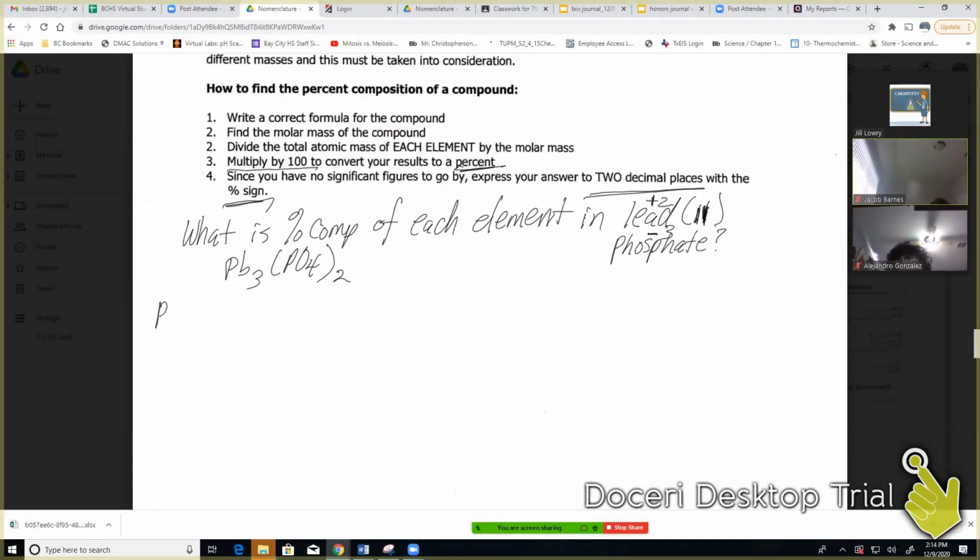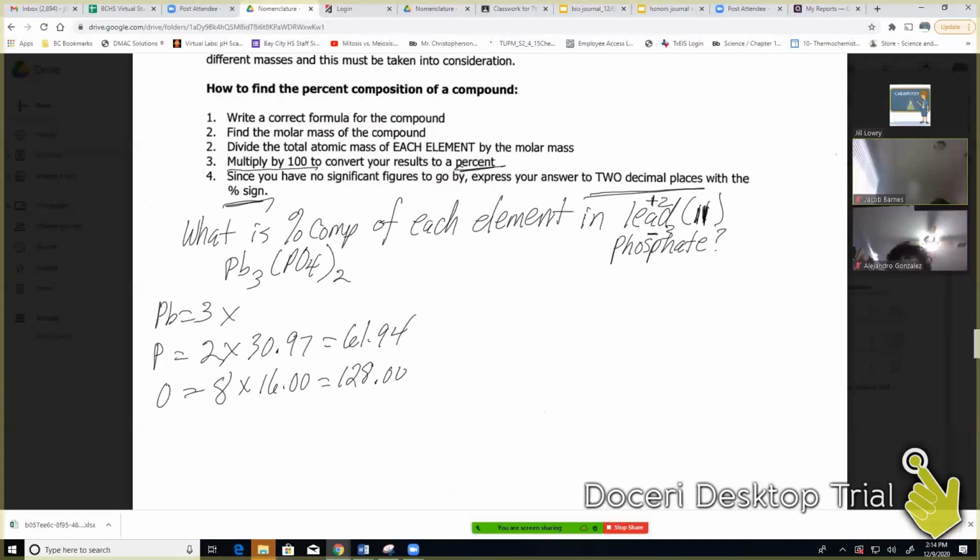So I have lead, 3 atoms. I have phosphorus, 2 atoms, and I have oxygen, 4 times 2, 8. So right now, we're just working through to find the molar mass because that's the first step. 8 times 16 is 128. Phosphorus, I would have to look that one up. 30.97, so 61.94.